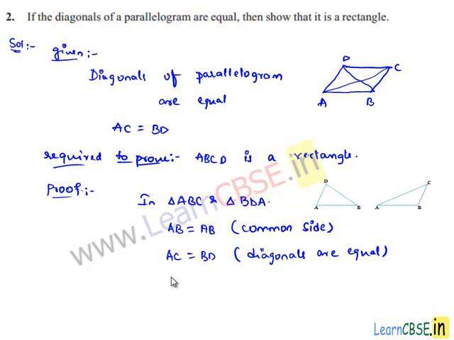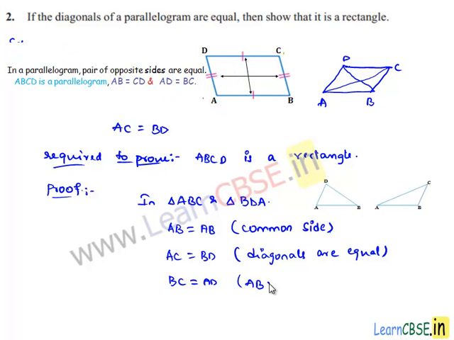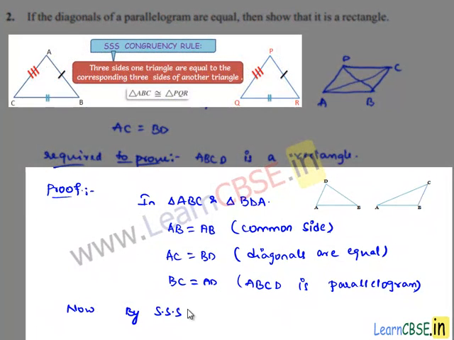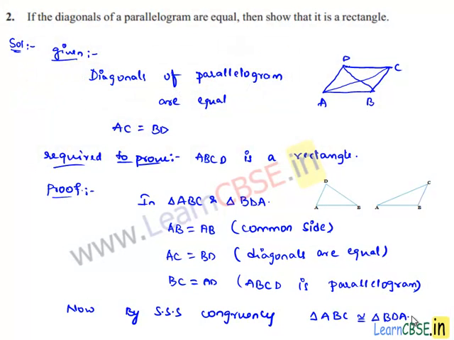Also we get BC is equal to AD, as in a parallelogram we know that opposite sides are equal. Now by SSS congruency we can say that triangle ABC is congruent to triangle BDA.